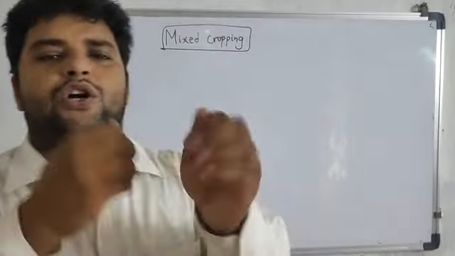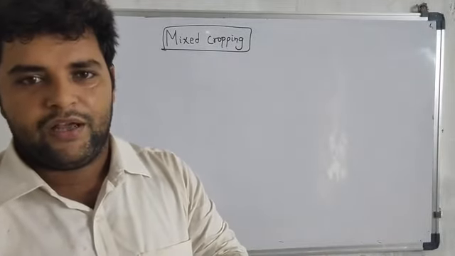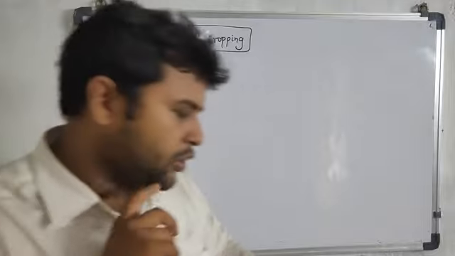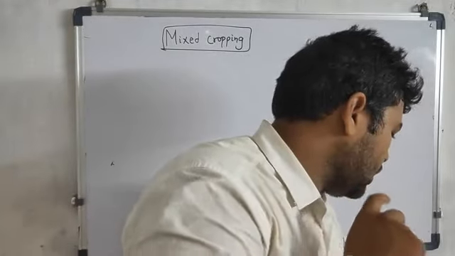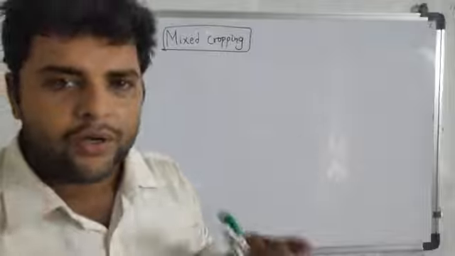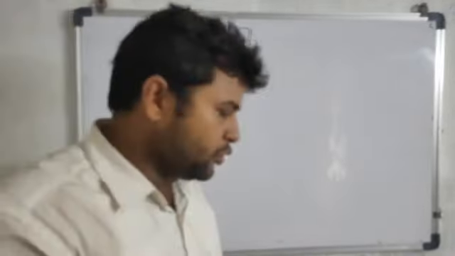These two seeds are usually mixed and sown over the land. So whenever two or more crops are grown simultaneously together on the same area of land or the same field, then it is known as mixed cropping. So note down.